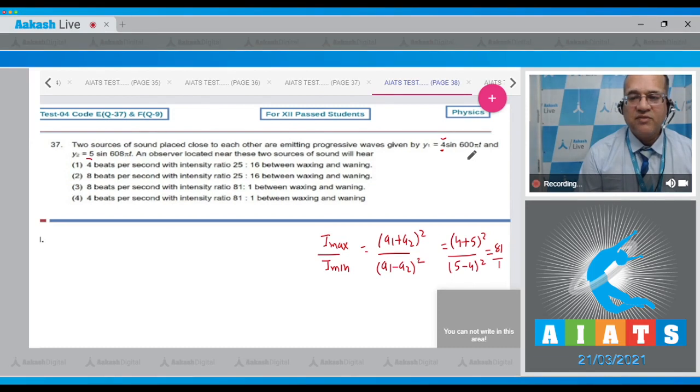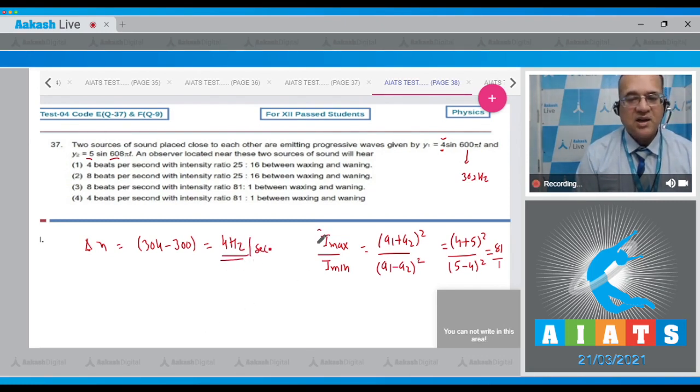And see, the first frequency is equal to 300 Hertz, since omega is 2 pi n, and the second frequency here is 304 Hertz. So the difference in frequency is 304 Hertz minus 300 Hertz, that is 4 Hertz. So what do you hear? The observer hears 4 beats per second and the maximum to minimum intensity ratio is 81 to 1.